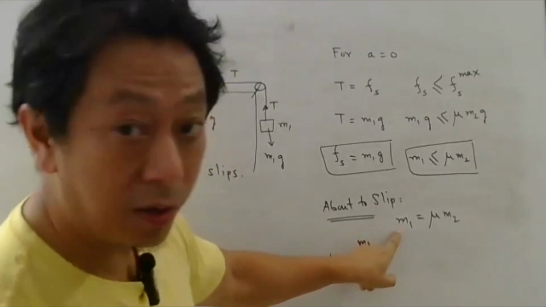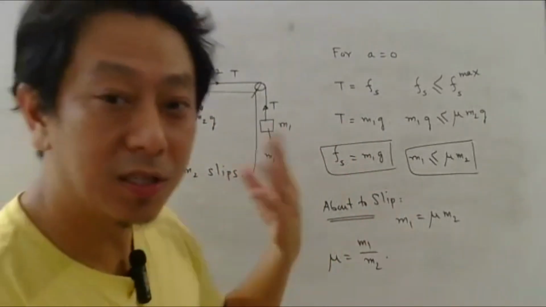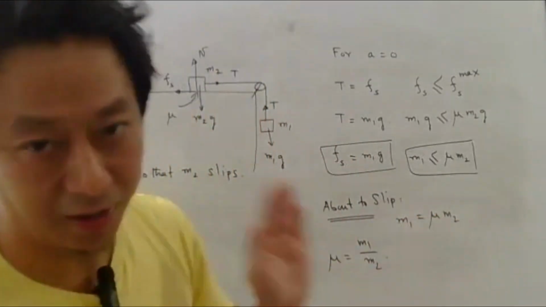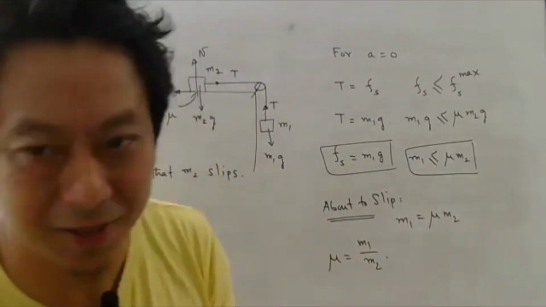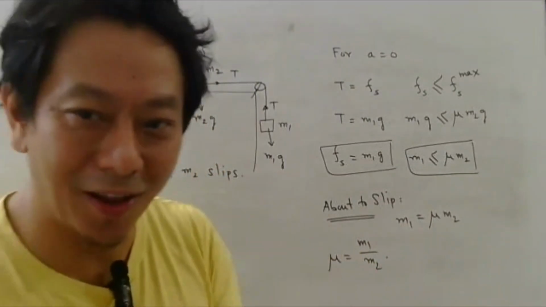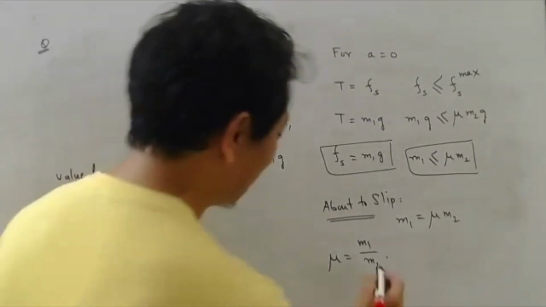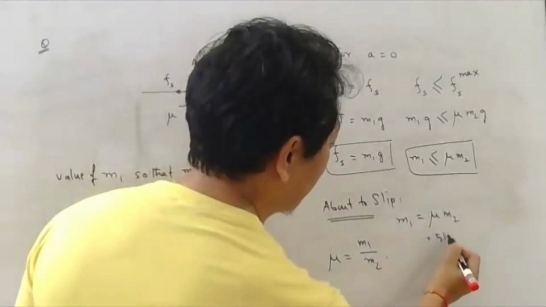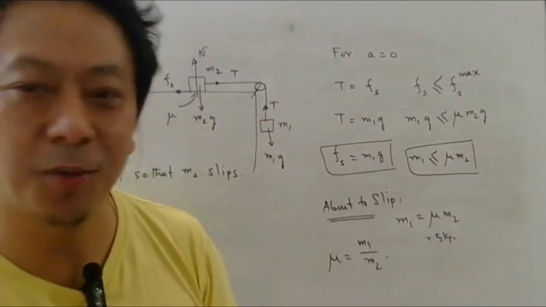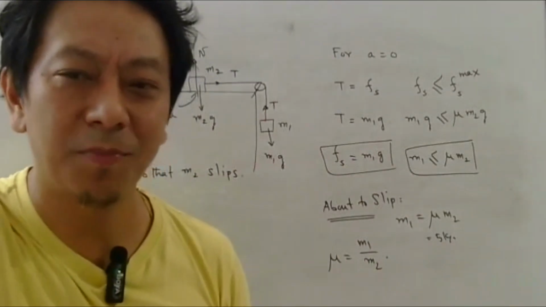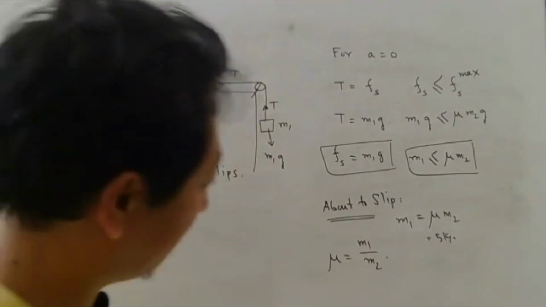If your M1 is more than this number, it will accelerate. If M1 is less than this number, it will not accelerate. When it is equal, you can say just accelerate, just means again it is not accelerating also. If this is 5 kg, then at 5.000001 it will accelerate, and at 4.9999999 it will not accelerate, which are both approximately 5.